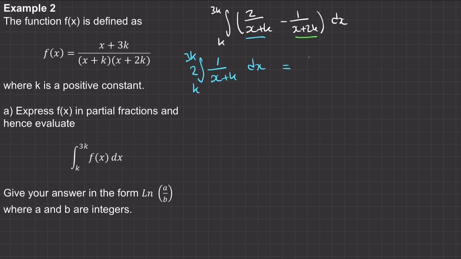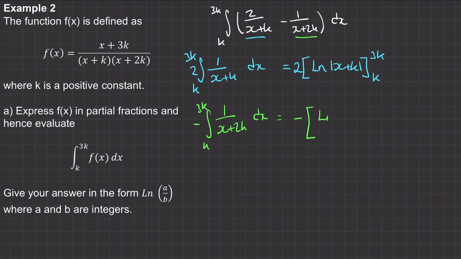When we integrate this, we get the natural log of x plus k between k and 3k multiplied by 2. So for our next one, we've got minus the integral of 1 over x plus 2k with respect to x. So this will be the natural log of x plus 2k between k and 3k.